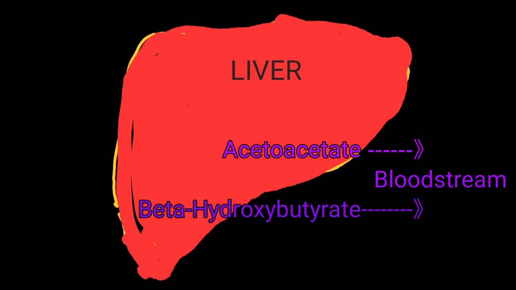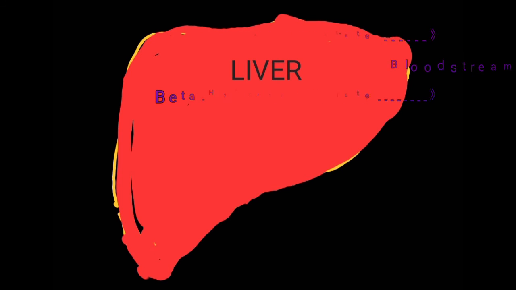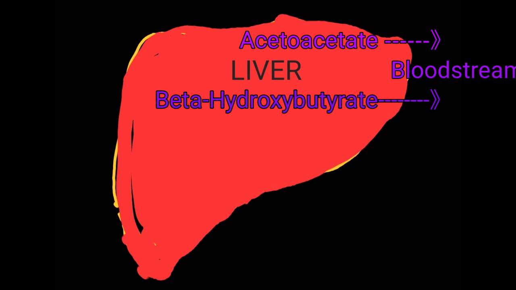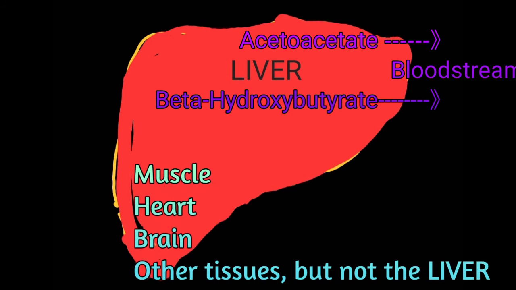Okay, so that's the advantage of making ketone bodies, because you created a molecule that can be released into the bloodstream that can be used by multiple tissues, with the exception of the liver. The liver cannot use ketone bodies. It can make them, but it cannot use them.